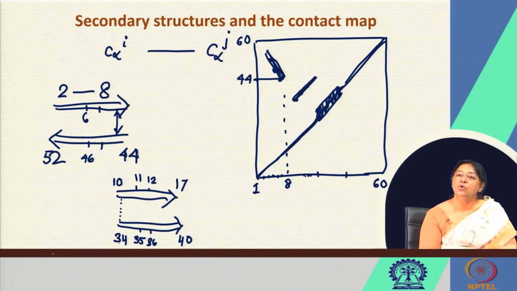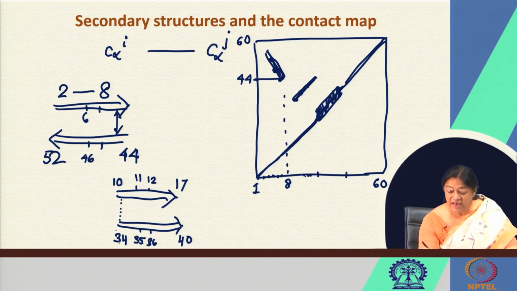So, when I look at specific regions of the protein in a contact map from the 3-dimensional coordinates, that is the x, y, z information that I have, I can identify specific secondary structures on the contact map.